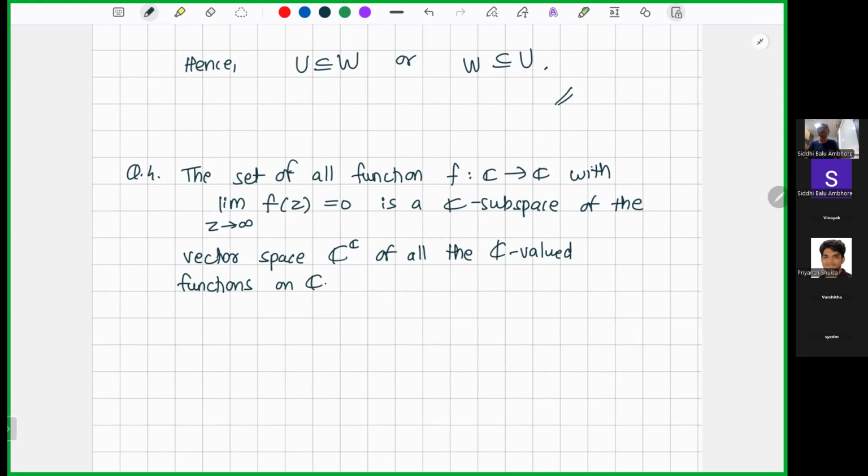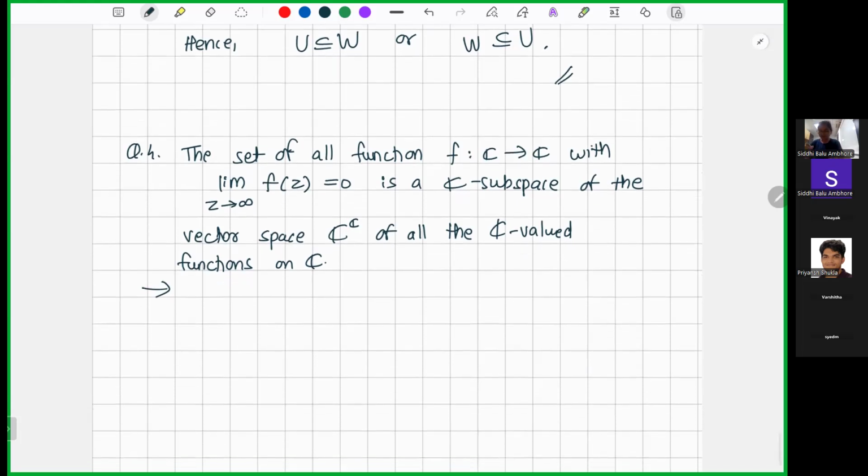Okay, so we have to check that it is a subspace. And we know there are 3 conditions which we need to see. So function addition, I hope you know how it is defined in C^C.